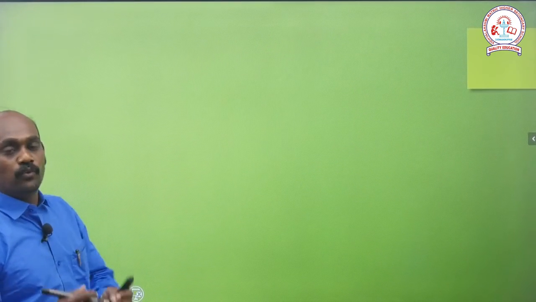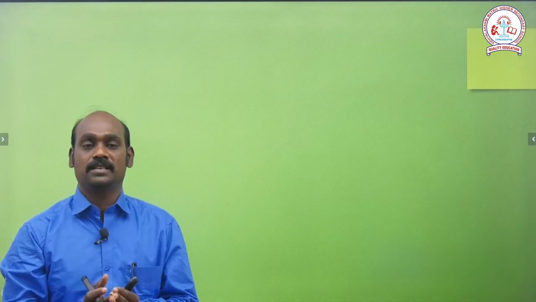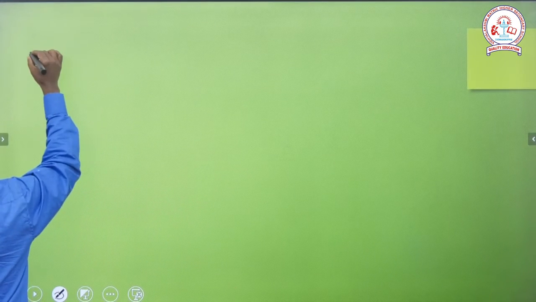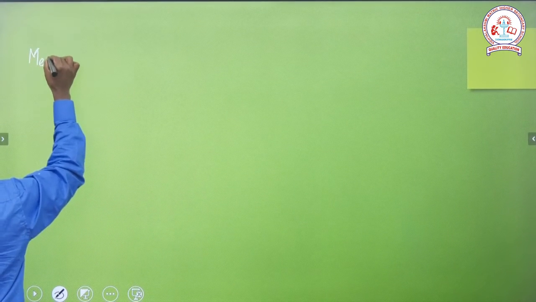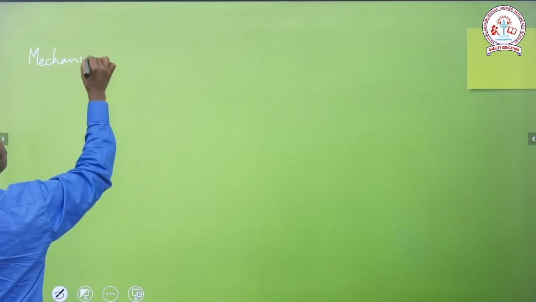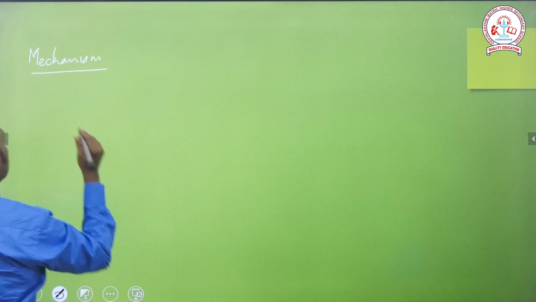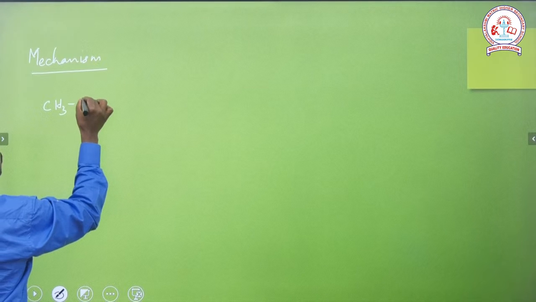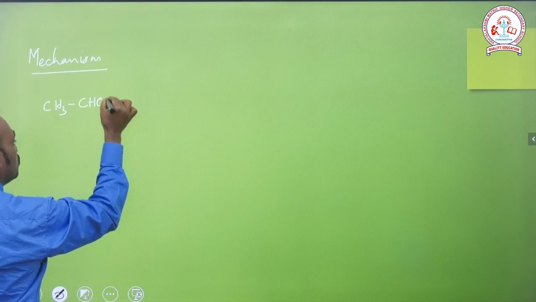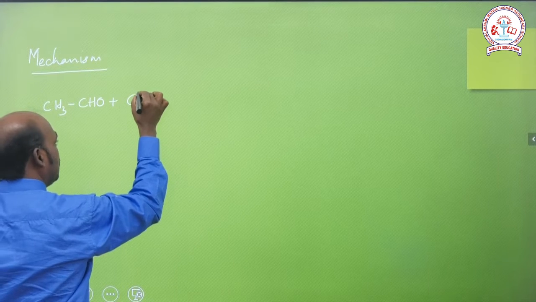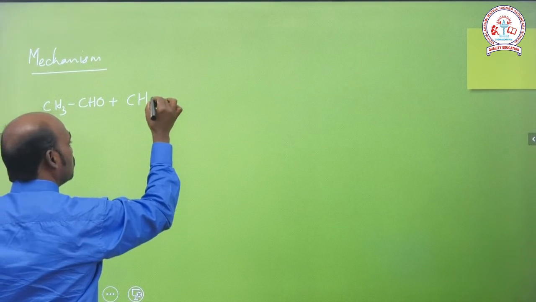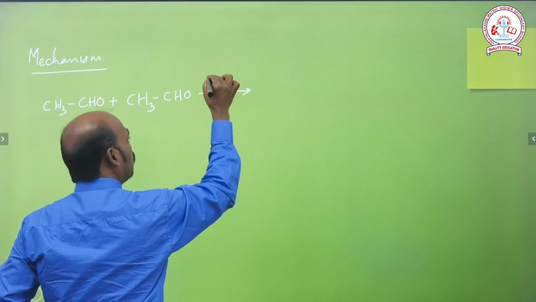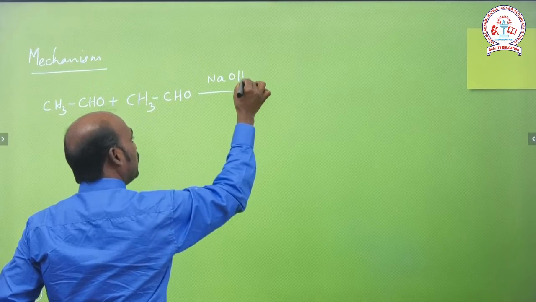Now we are going to learn about the mechanism of aldol condensation, the mechanism for simple aldol condensation. Let us take acetaldehyde, CH3CHO, plus one more acetaldehyde, CH3CHO, in the presence of sodium hydroxide or potassium hydroxide.